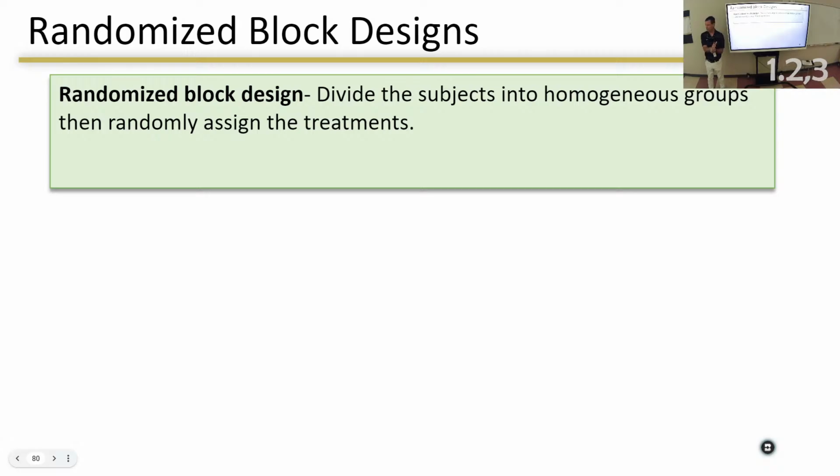I don't want that because then I got a confounding variable, which is the water. I don't know if the water's helping the trees grow or the fertilizer. Okay? So I might block. That way, half of these get the new and the old, and half of these get the new and the old. And that way I help remove that confounding variable, or I help even it out. Randomized block. Y'all okay with that?